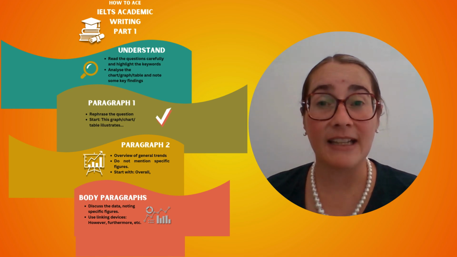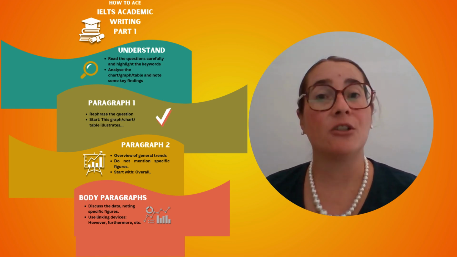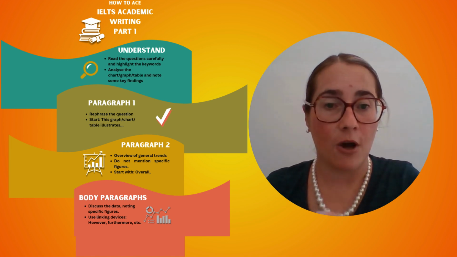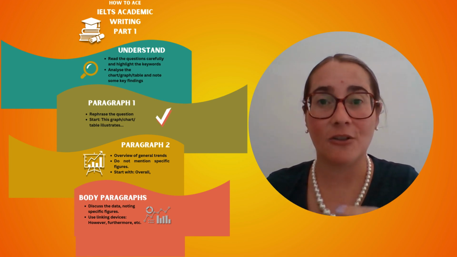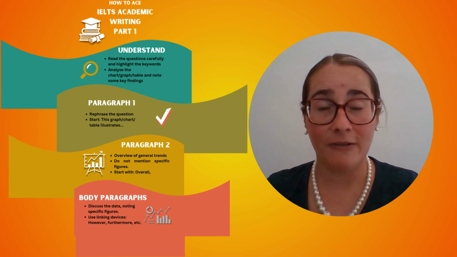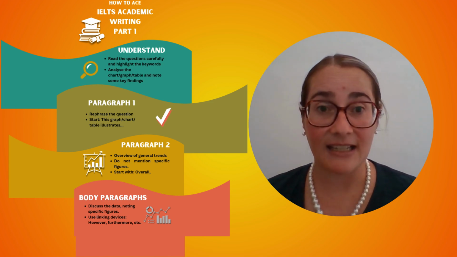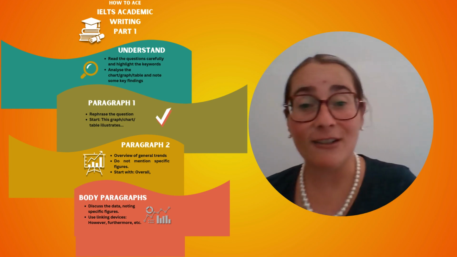And hopefully, there's a chance for you to contrast. And what I would do there is talk about one part of the graph or the data in one paragraph so that you can write another paragraph and use something that the examiners love. And those are linking devices. On the other hand, however, in contrast.